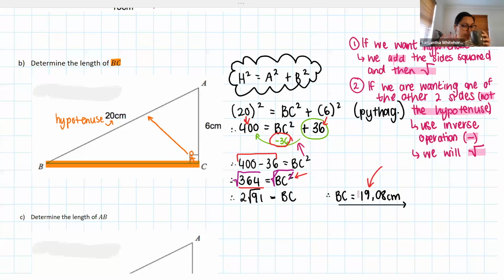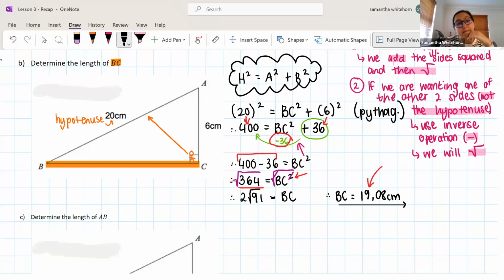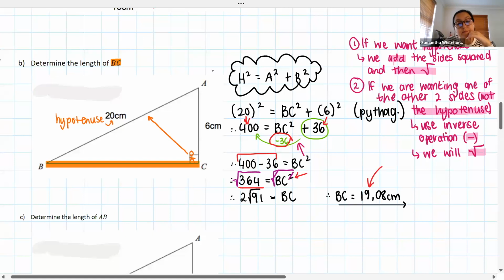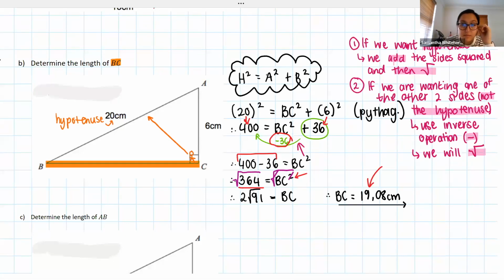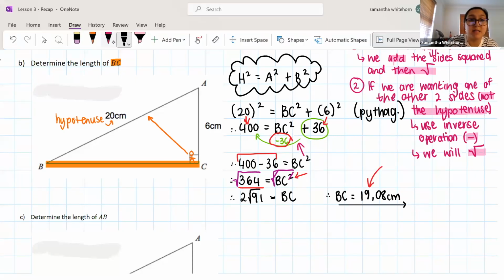Hi, ma'am. Hello? So at the beginning, it says 20 squared. I mean 20 in brackets and then squared. For that, can you put the 20 in brackets plus the 6 in brackets squared, and then say equals to BC at the end? You can do that, but remember, then you have to say 20 minus 6 squared.